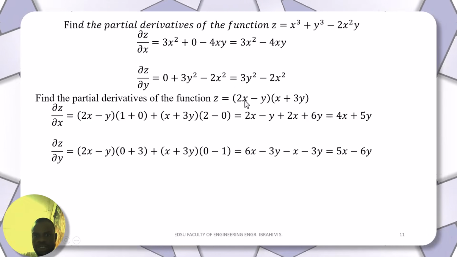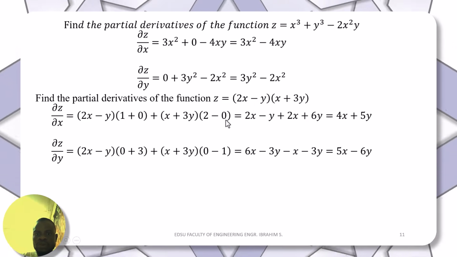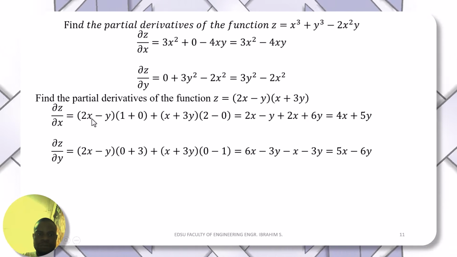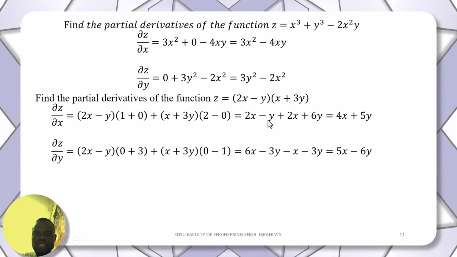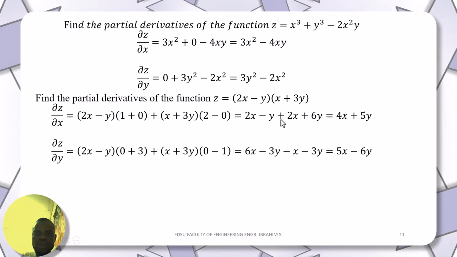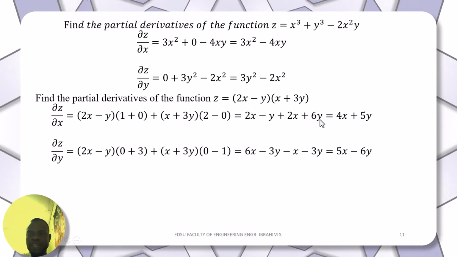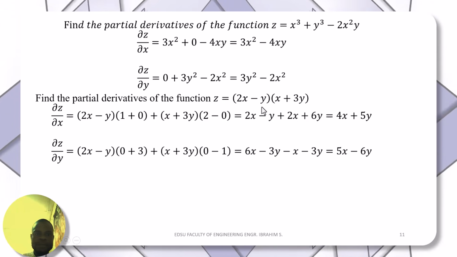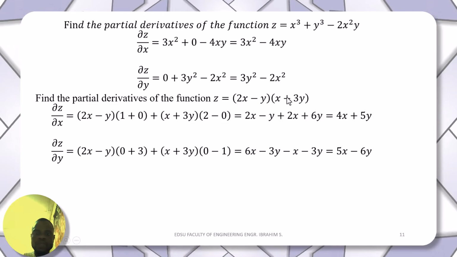This will give me 2, this will give me 0. So reopening this, I will have this multiplied by 1, it will still give me 2x minus y. Then 2 times x will give me 2x, then 2 times 3y will give me 6y. So I will have 4x plus 5y.